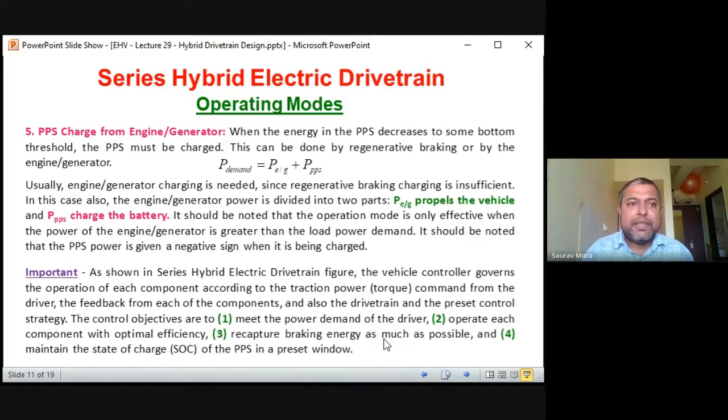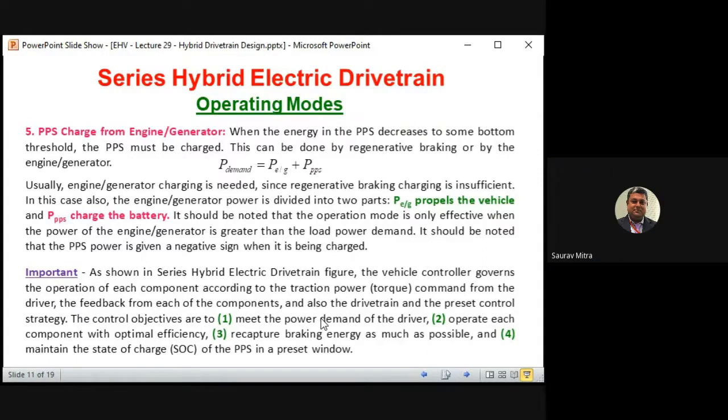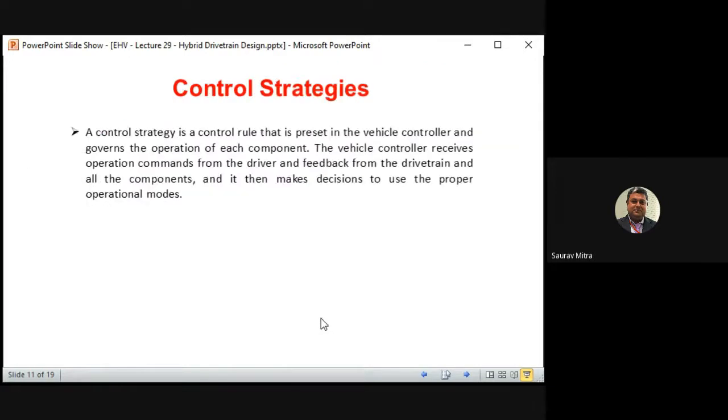Someday you take it, and whenever good time comes, you fill it up. So we should always see that the PPS state of charge is always 100%. If not, either we have to charge it by the main EG set, or by regenerative braking. So whenever there is some extra power available in the vehicle, the PPS should be charged and PPS SOC should be kept at 100%.